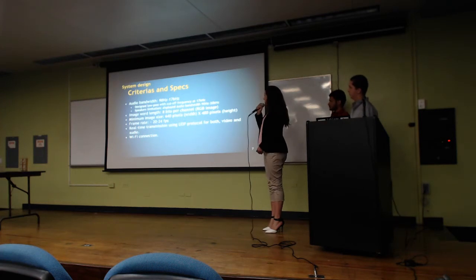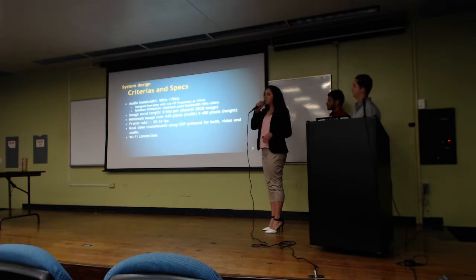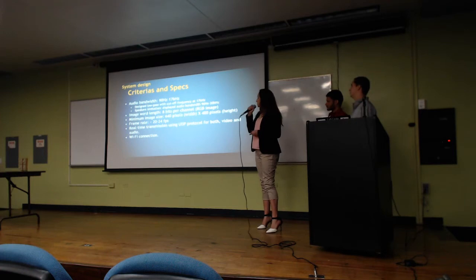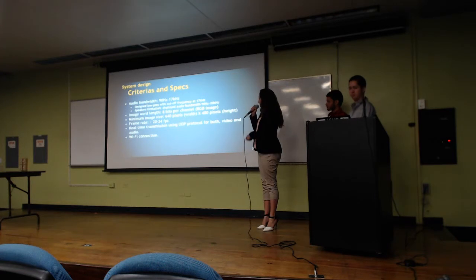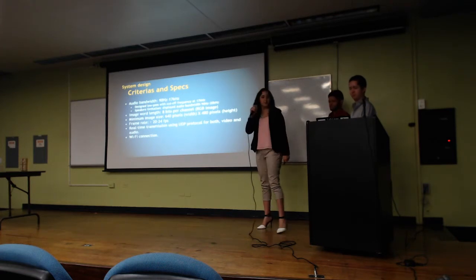The image size is 640 pixels by 480 pixels. The frame rate is from 20 to 24 frames per second. The real-time transmission uses the UDP protocol for both image and audio, and everything is going to be connected through Wi-Fi.